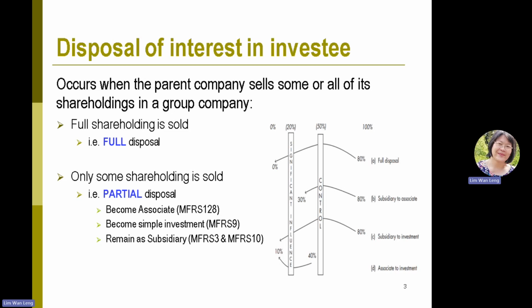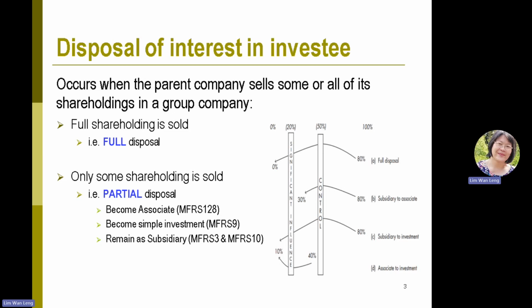Then the next one is probably you may have a subsidiary, and after the disposal you become just a pure investment. You do almost the same as the others, but at the end of the day, in the consol SOFP at the end of the year, there is just a pure investment.